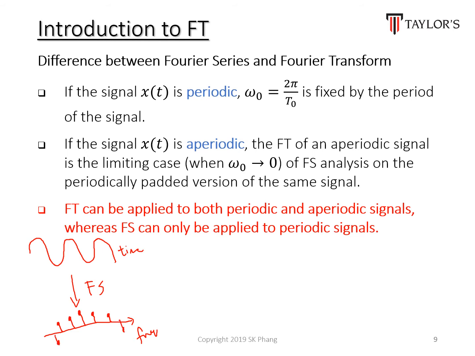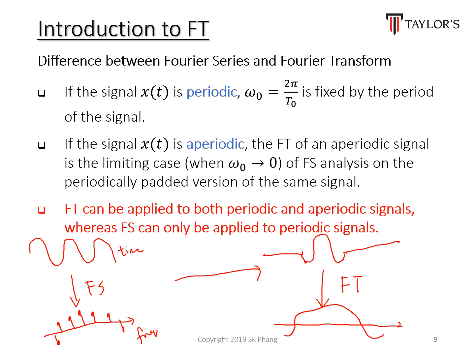If you have another signal that is just one period of it, this is no longer periodic. The signal stops here, no more. And we can still find the Fourier transform in terms of the frequency domain of this signal. This will be similar to the Fourier series of the periodic signal, but now all the dots join up together. Previously we know it was here.